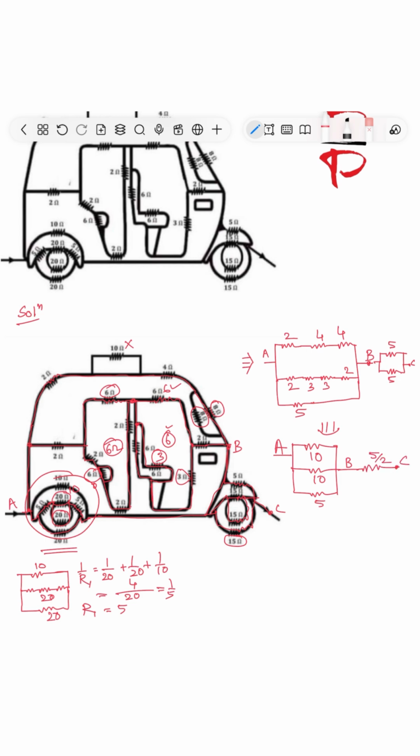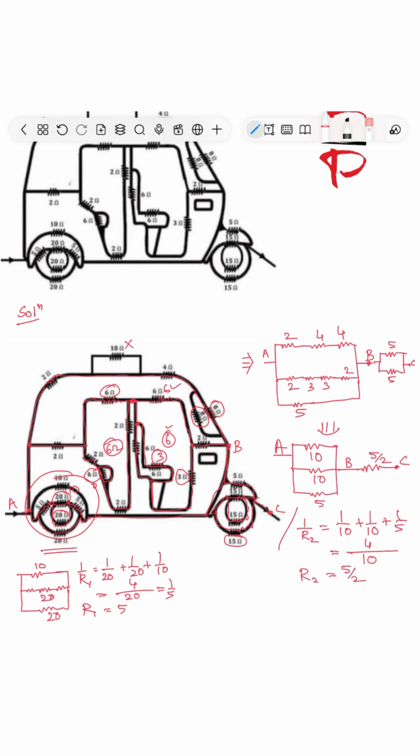Okay. Now for this portion, between A and B, the equivalent resistance, 1 by R2, will be 1 by 10 plus 1 by 10 plus 1 by 5. So it will be LCM 10, upper half is 4. So R2 will be 5 by 2.